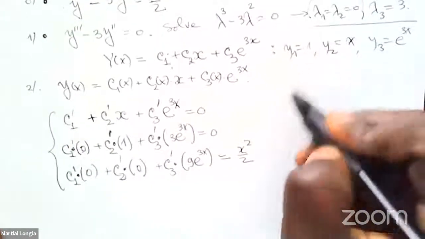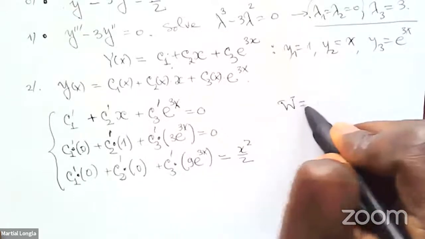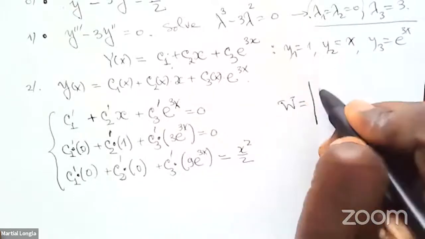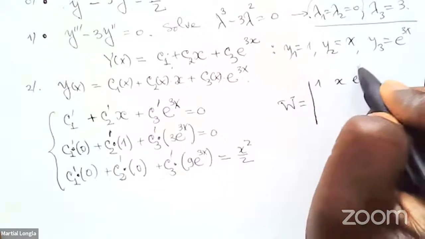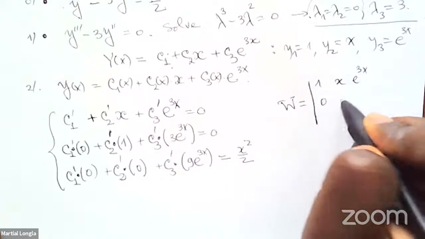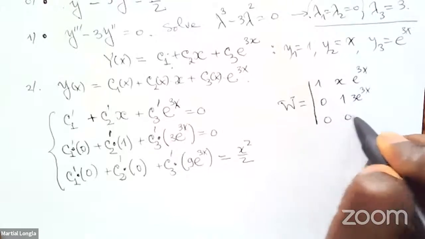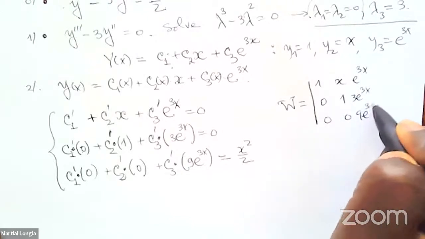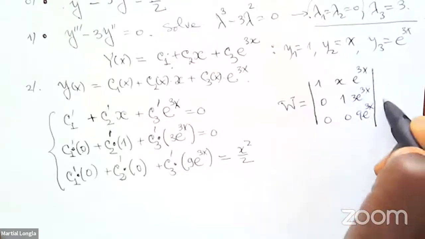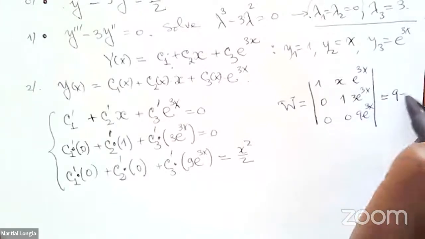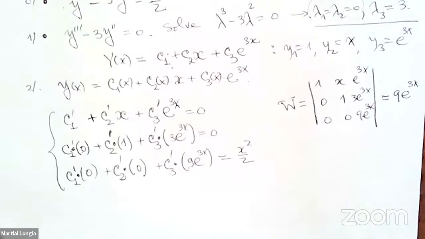And right away, when you do that, you can write W. That's 1, x, e to the 3x; 0, 1, 3 e to the 3x; 0, 0, 9 e to the 3x. So when you compute this, you get 9 e to the 3x. Why is that?